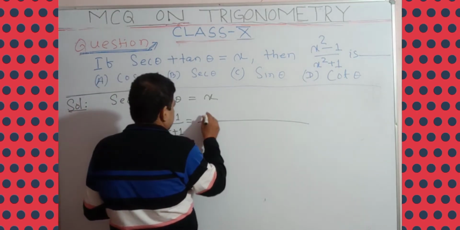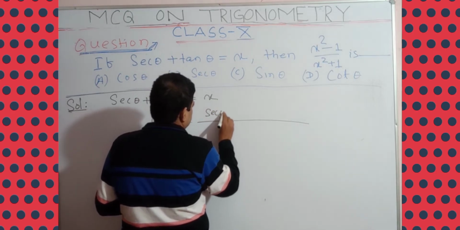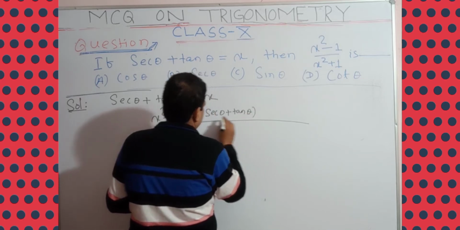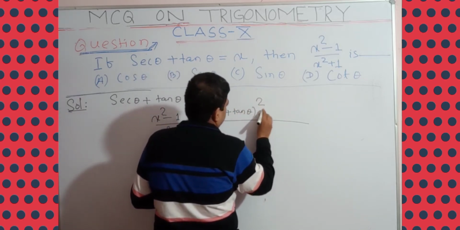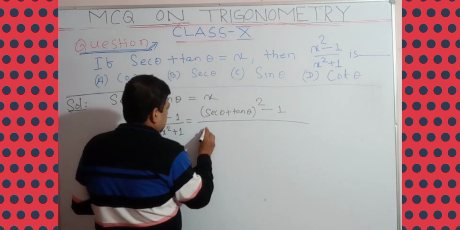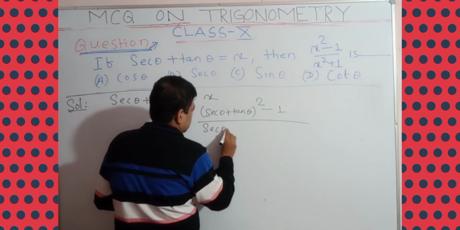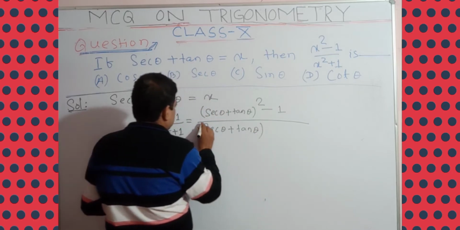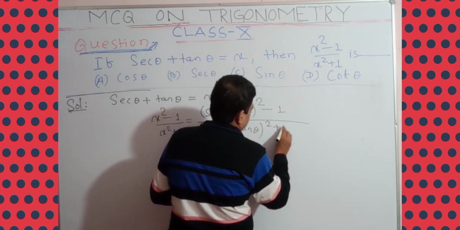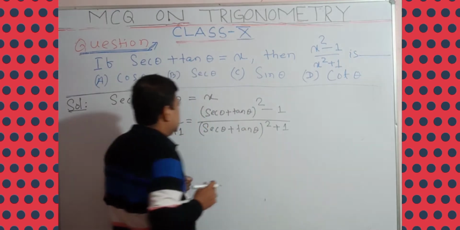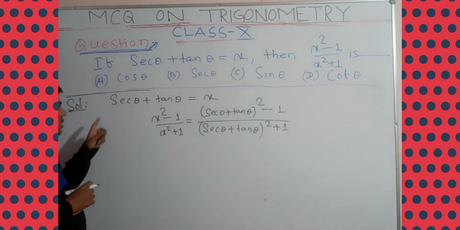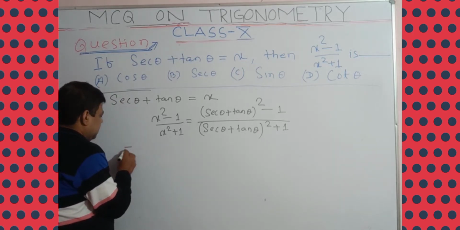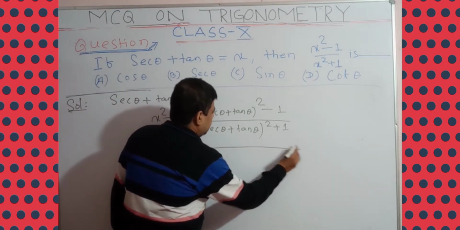So in place of x write (sec theta plus tan theta) whole square minus 1, and (sec theta plus tan theta) whole square plus 1. Is it clear? Then give the division sign.